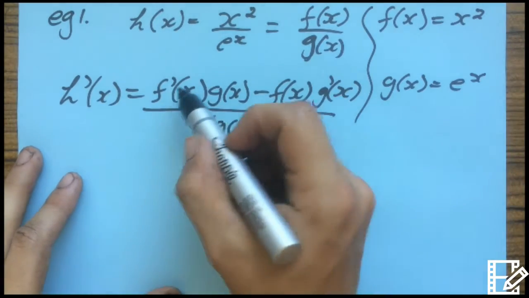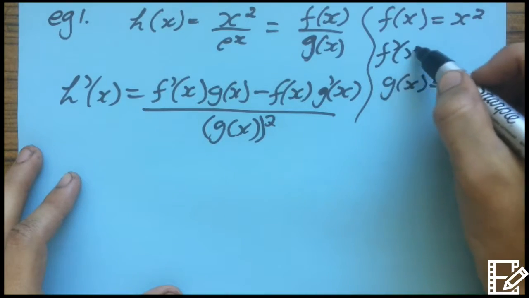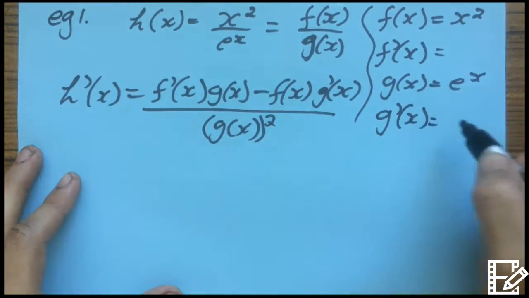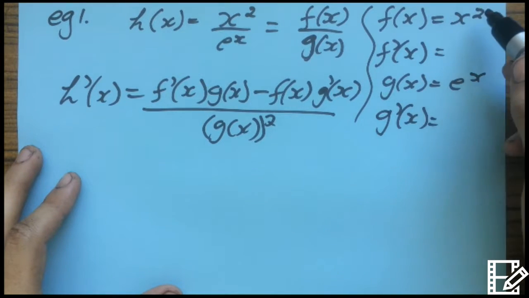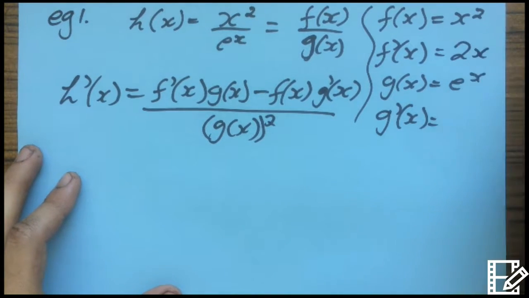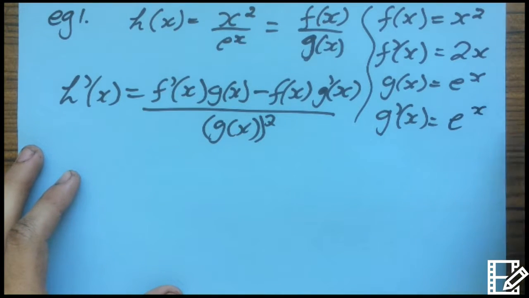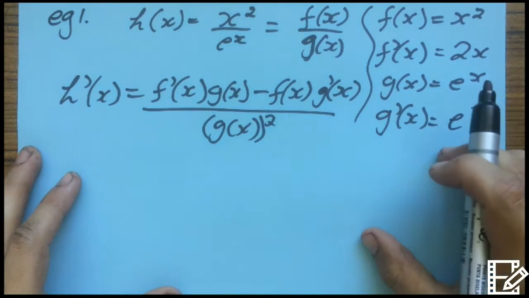So we need to find the derivative of f(x) and the derivative of g(x). The derivative of f(x) is 2x, and the derivative of e^x is just e^x, like I said before.